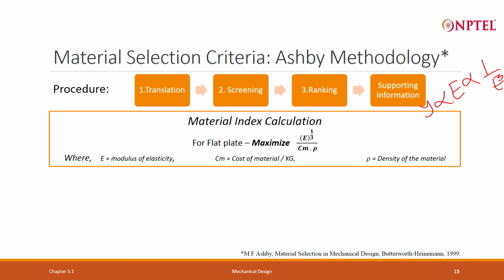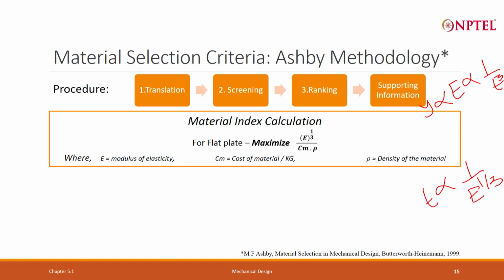To minimize t. If I take t up, then 1 by E to the power 1 by 3 will come. So if I want to minimize t, I have to minimize 1 by E to the power 1 by 3. E is a constant for a particular material, but we are selecting among several materials, so E is different for each of them. That is why E becomes a function.